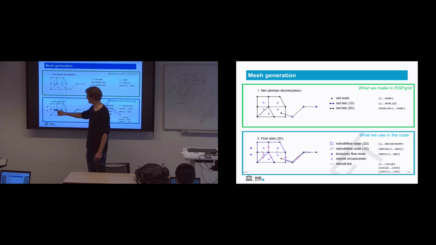And staggering means that in the cell centers you have water levels that are being calculated, and the velocities are calculated on the cell faces. Yeah? So you don't calculate the velocities and the water levels at the same point in the grid. That has some numerical advantages if you do it that way.